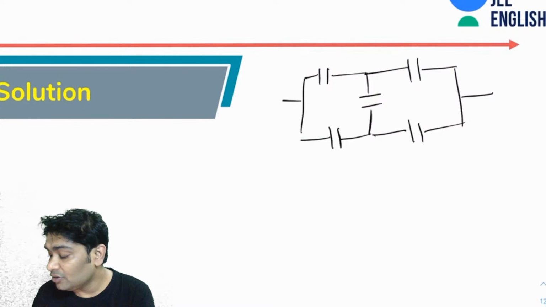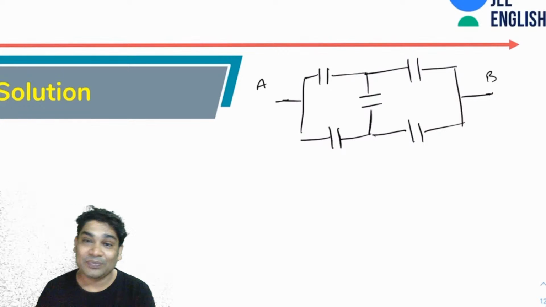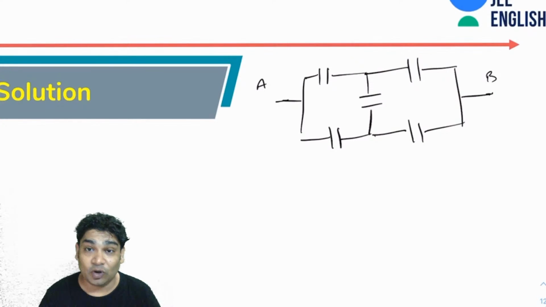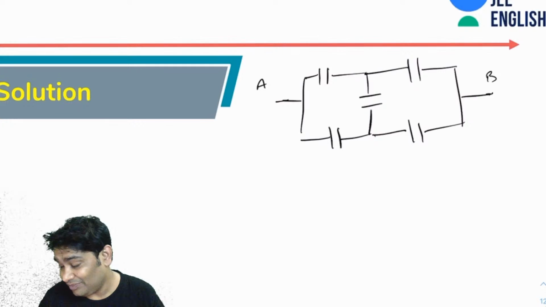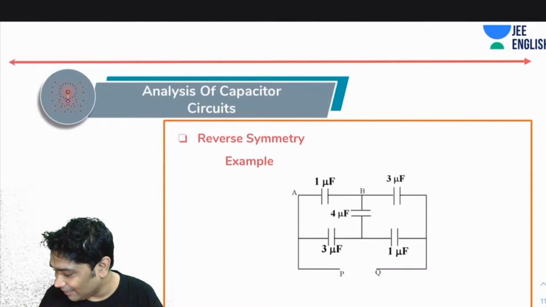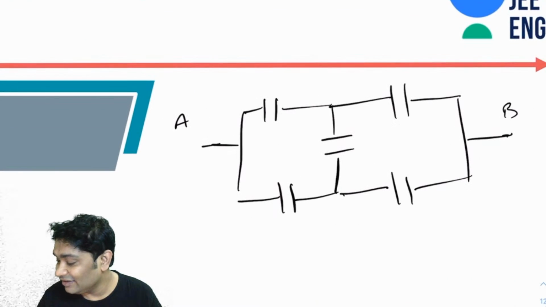I hope you remember from the earlier videos how we used to solve this. So first of all, what are we going to do? Let me just write down the capacitances: this is 1, this is 3, this is 4, this is 3, this is 1.